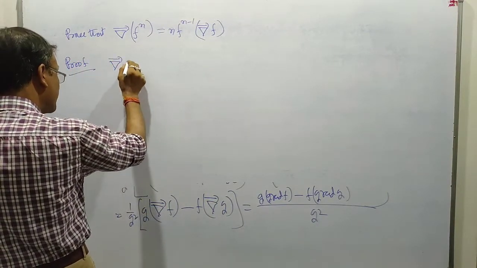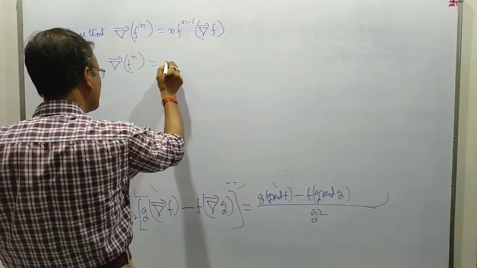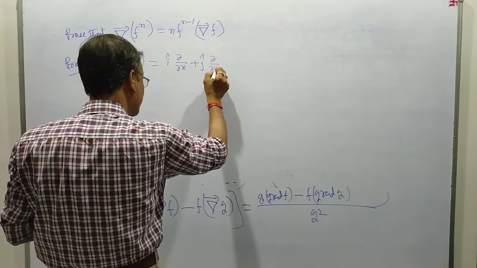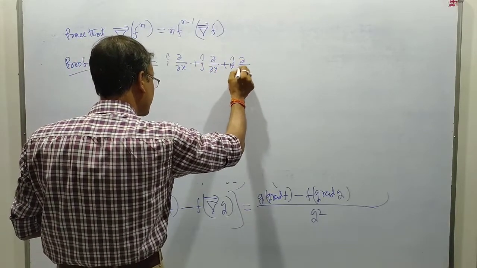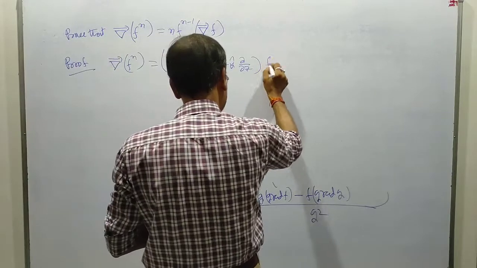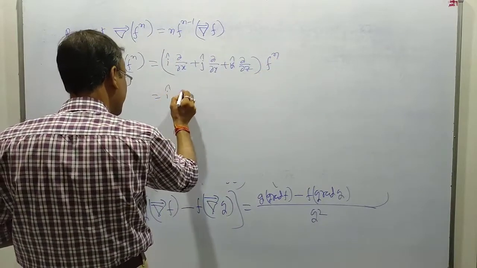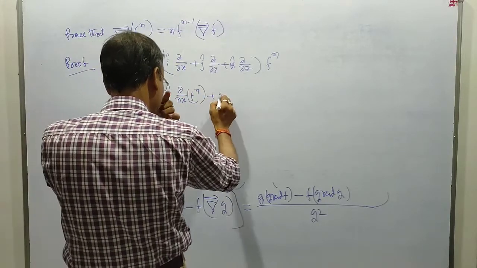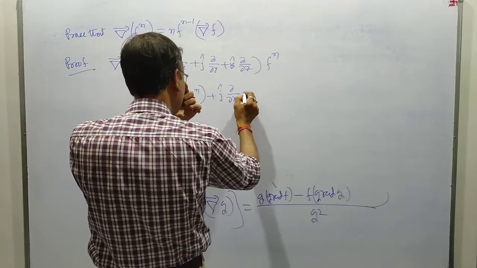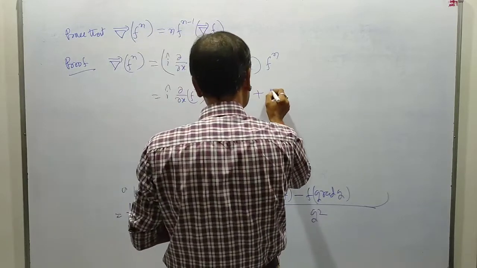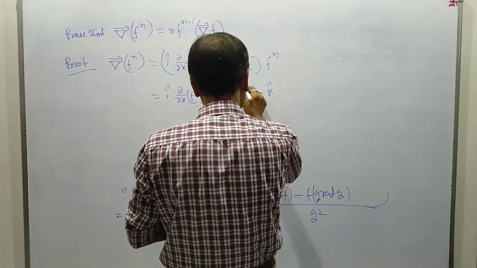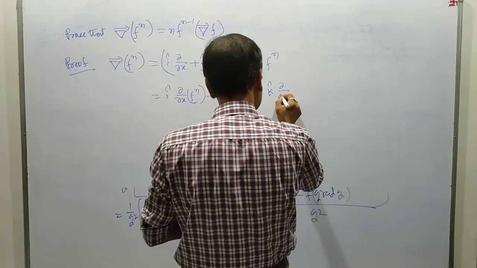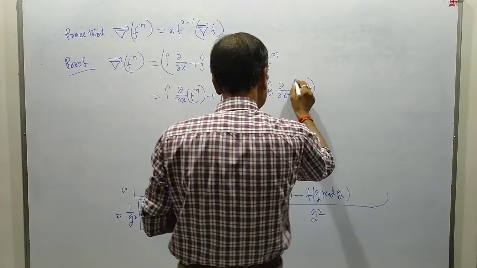Gradient of f to the power n equals i cap ∂/∂x plus j cap ∂/∂y plus k cap ∂/∂z of f to the power n. That is i cap ∂/∂x of f to the power n plus j cap ∂/∂y of f to the power n plus k cap ∂/∂z of f to the power n.